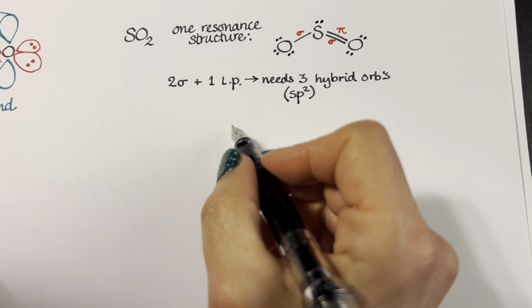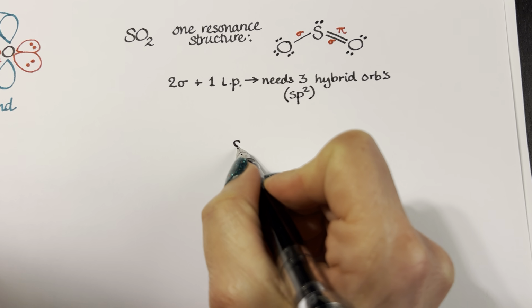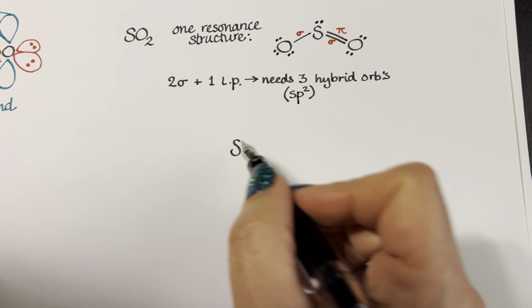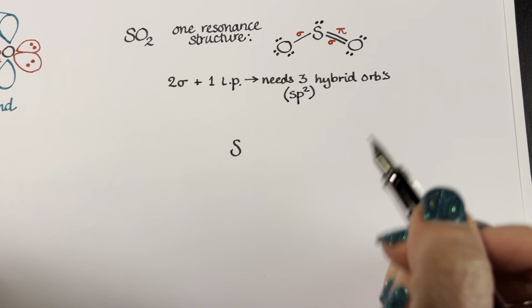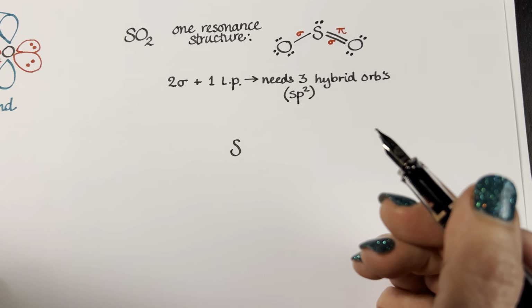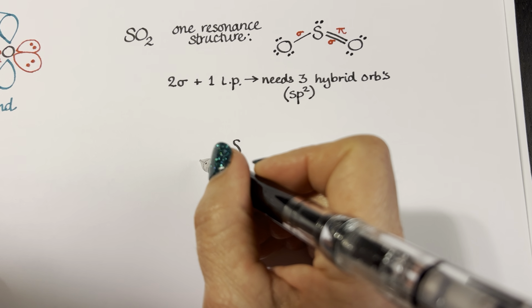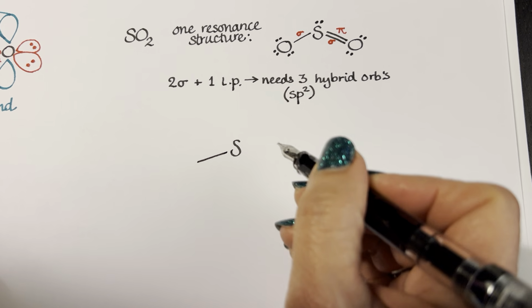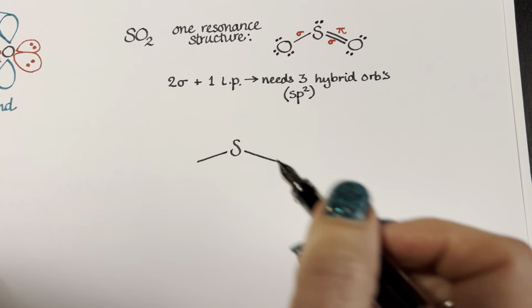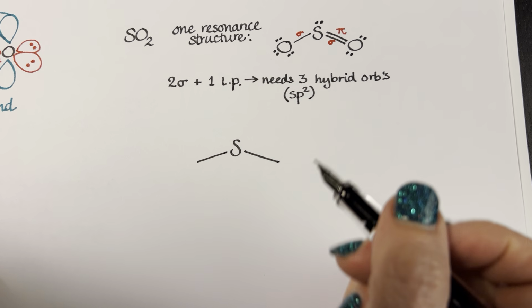If we were to draw, once again, our S atom, the central atom, this is going to be tricky because that lone pair is going to be kind of back behind, but it's kind of cool because you get to see how the electrons are delocalized.